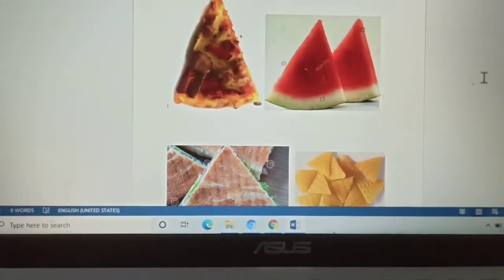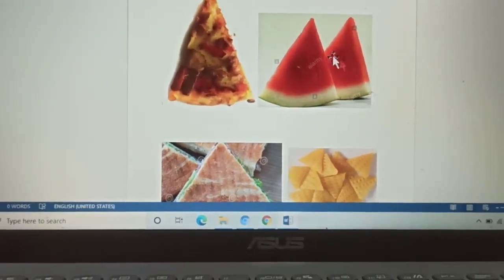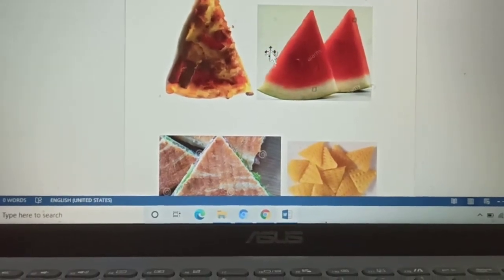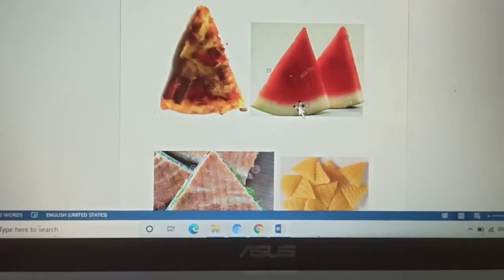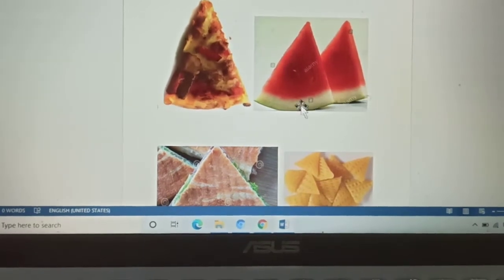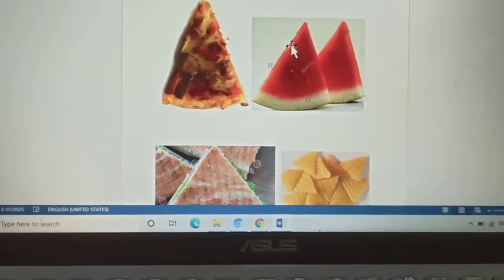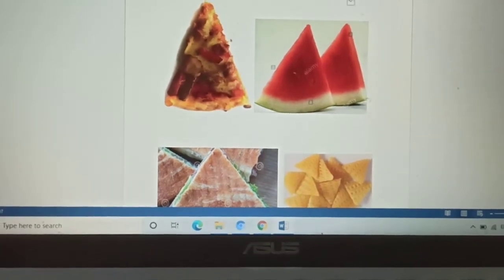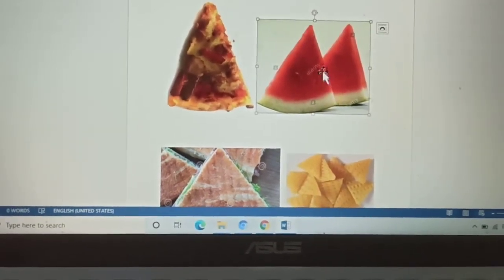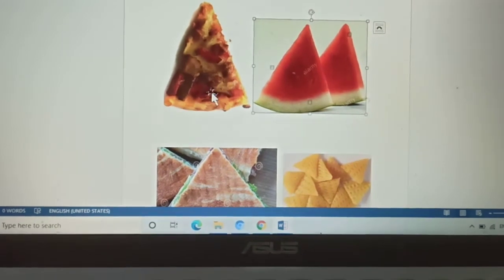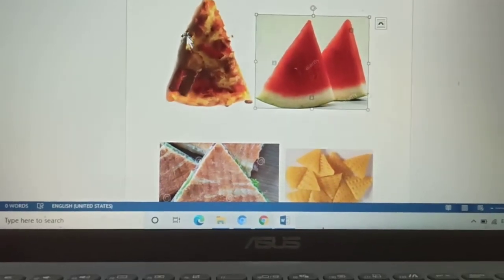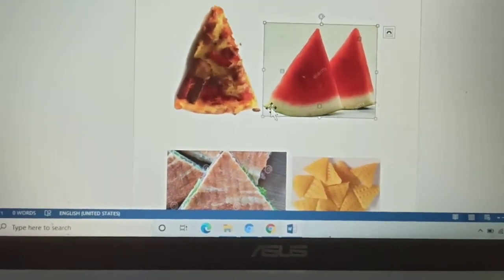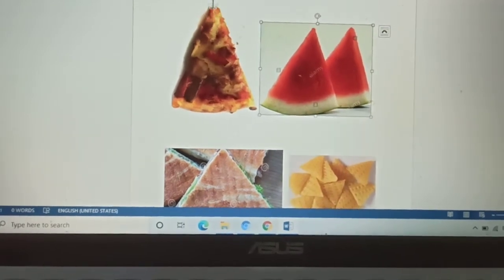Wow. See? So much junk food, right? Only this one is a golden fruit, which is very good for health and keeps us hydrated throughout the day. Yes, this is good for summer. Watermelon, right? Look at the shape of it. This is a pizza piece, right? Look at here how it looks.